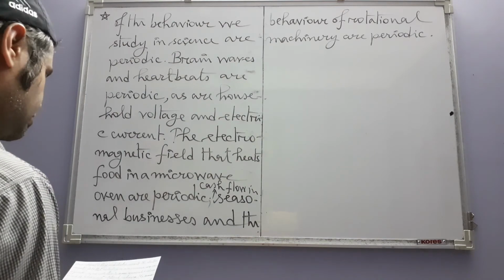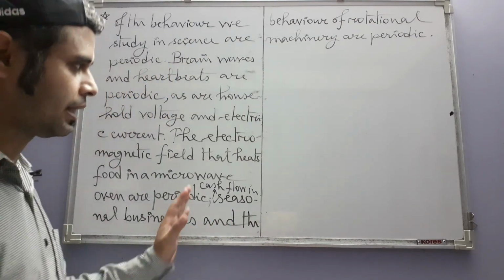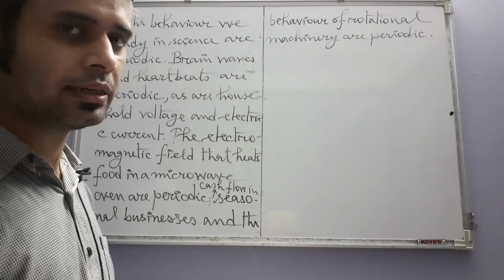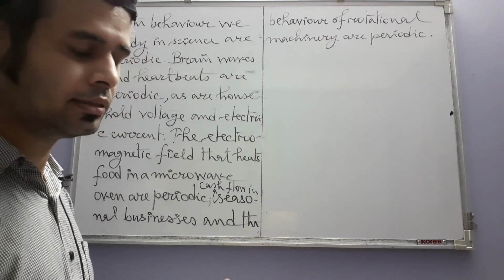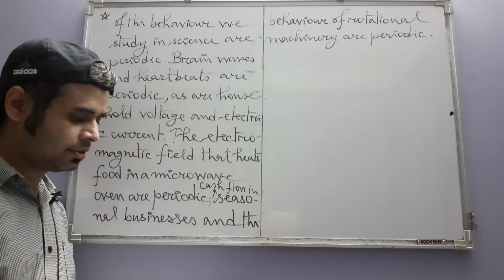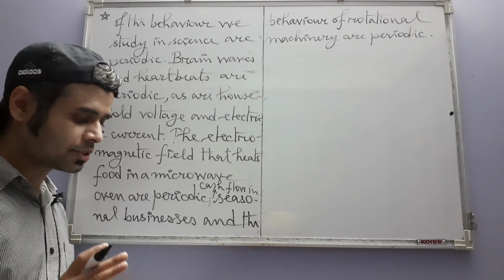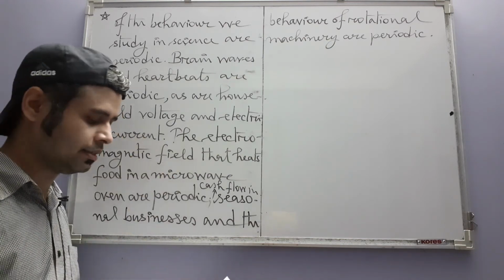I am not in a mood to write down all these things. I should have in fact read it instead. Seasons themselves are of course periodic, hence you have summer, winter and everything.